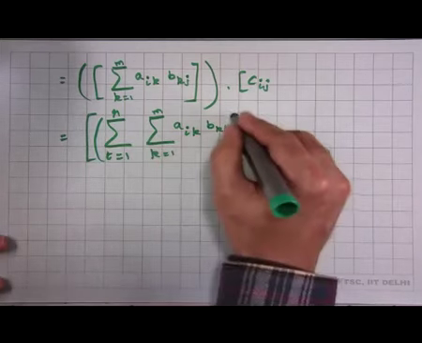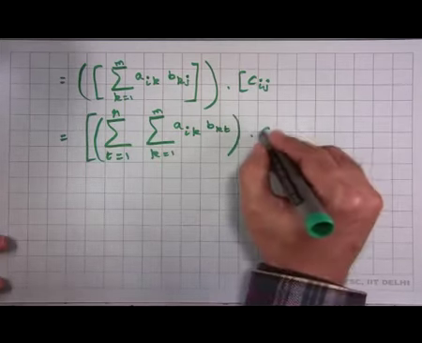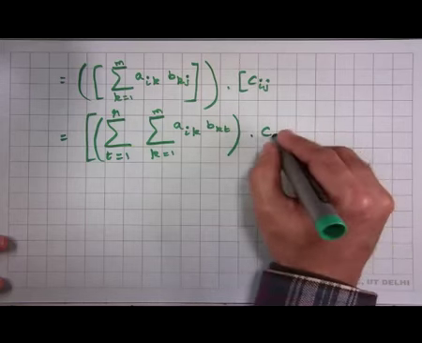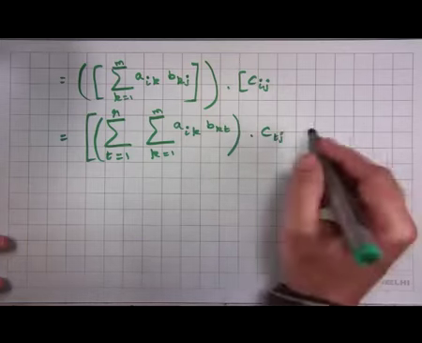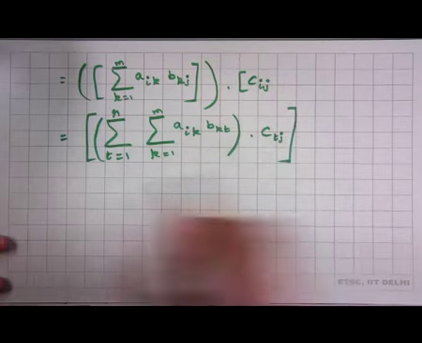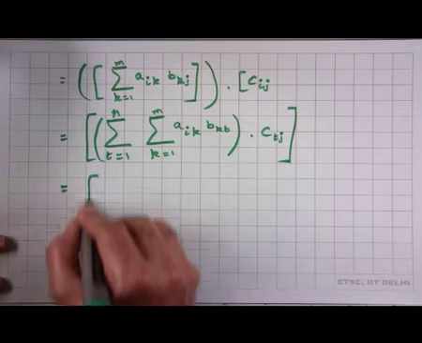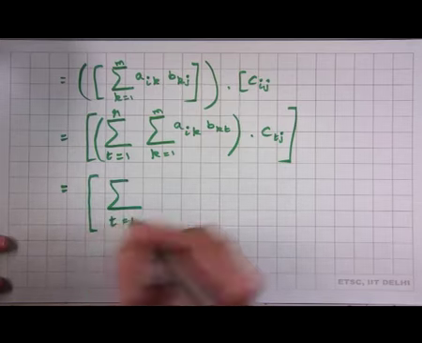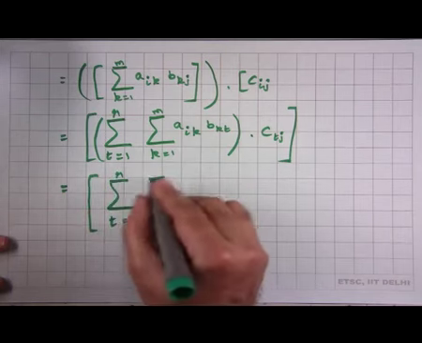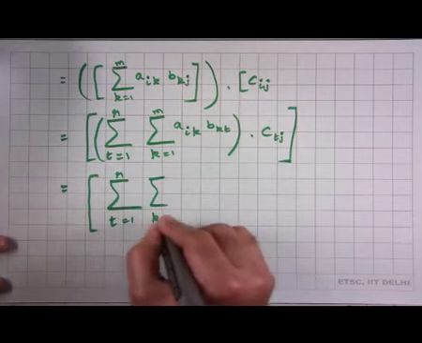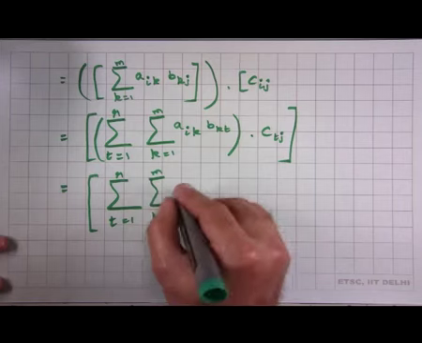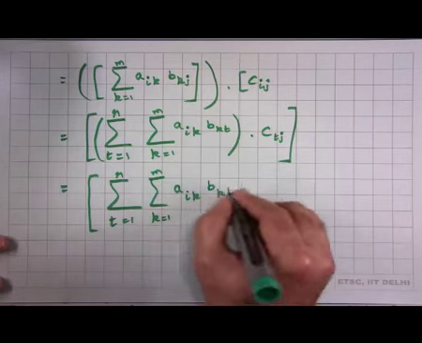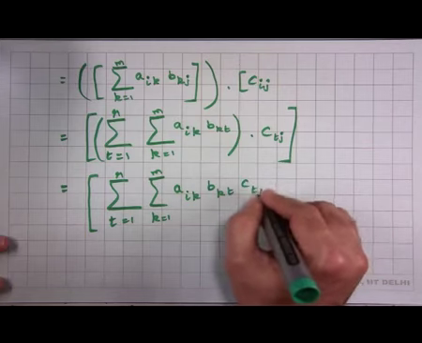This whole thing has to be multiplied with the tth element of the jth column, which is exactly c_tj. This is what I have, which is equal to summation t equal to 1 to r, summation k equal to 1 to m, a_ik b_kt c_tj.